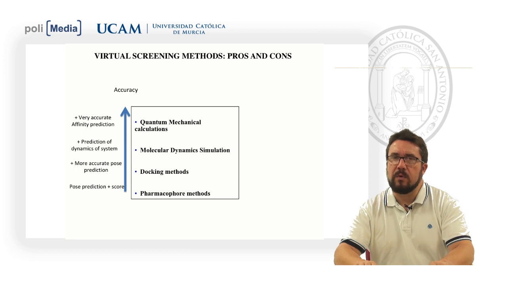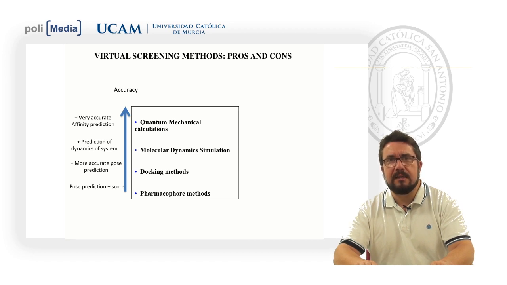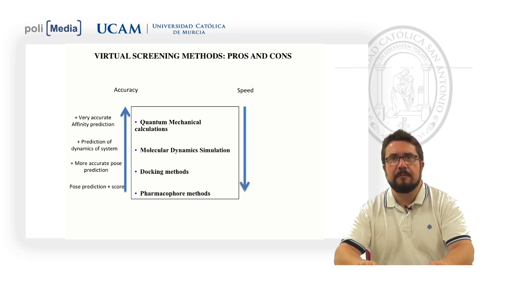And finally, we can have very accurate affinity prediction using quantum mechanical calculations. Well, if we could freely choose one of these methods, we would of course go for quantum mechanical calculations. But there is a problem here, because accuracy goes in the opposite direction to cost, which means that prediction methods like pharmacophore methodologies can be run on a desktop computer.